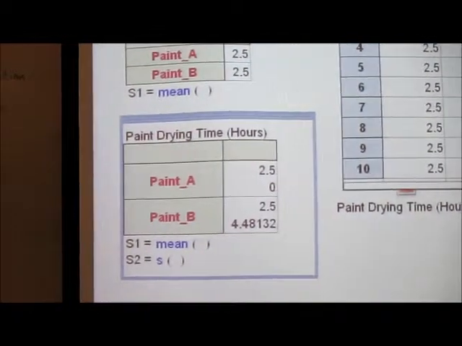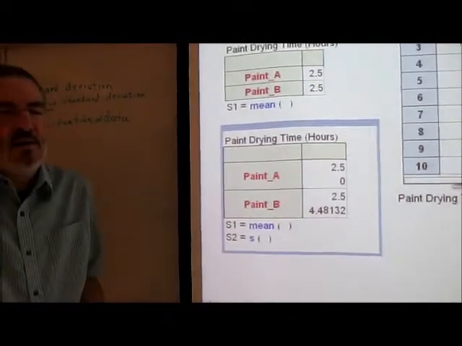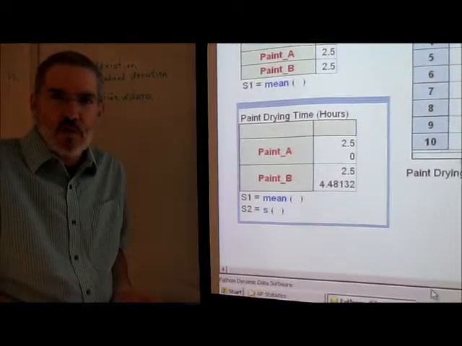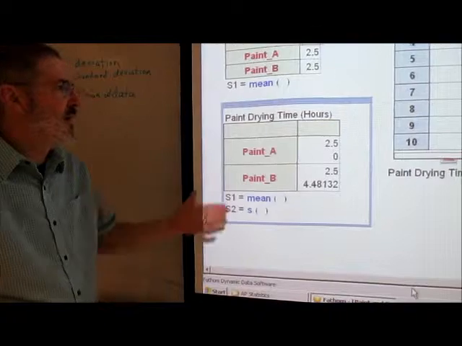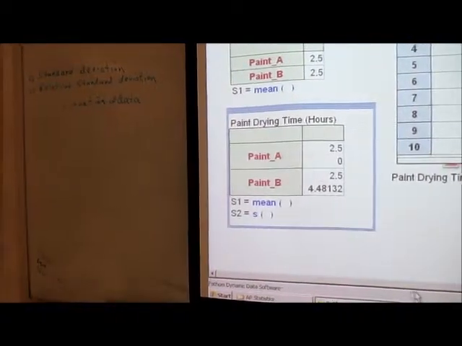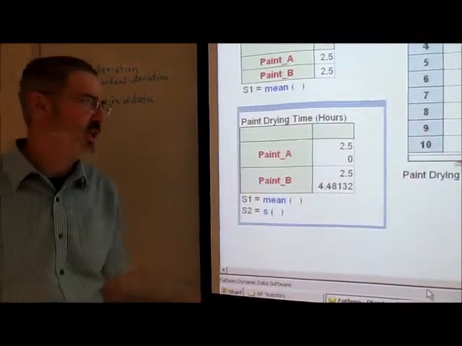What does that mean? That tells us that there is 0 variation from the mean in my data for paint A. Paint B has a value of 4.48 plus some change.